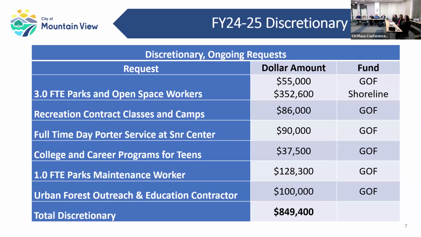Next is a request to increase our contracts budget for youth sports and youth and adult recreation classes and camps. So we utilize a number of vendors to provide classes, camps, and activities for the community. These programs are revenue generating for the city. And this request amount of $86,000 represents the net total. So that's accounting for both the expense increase and an offsetting revenue.